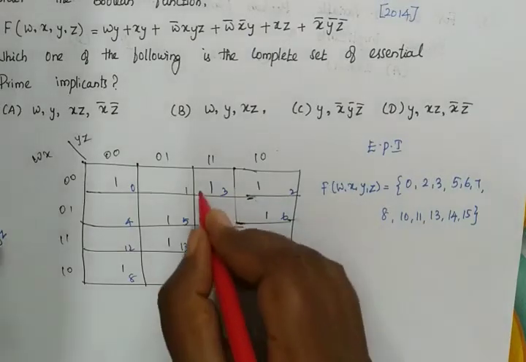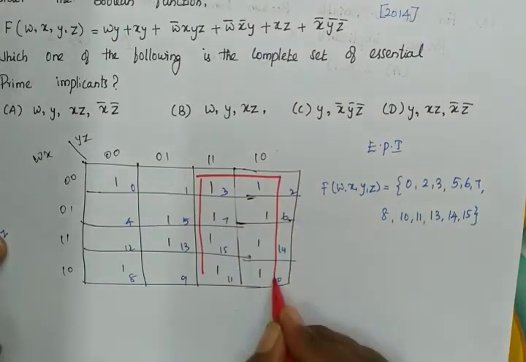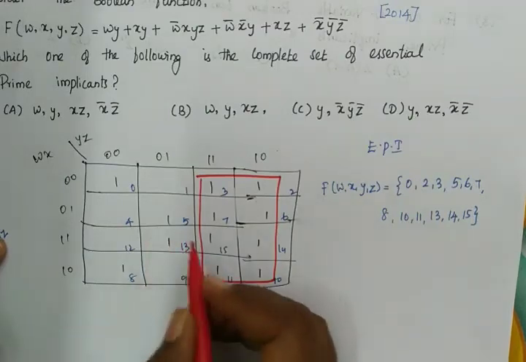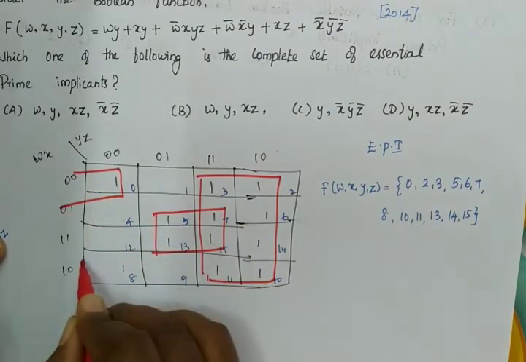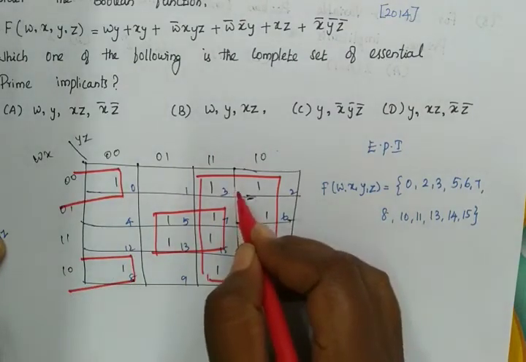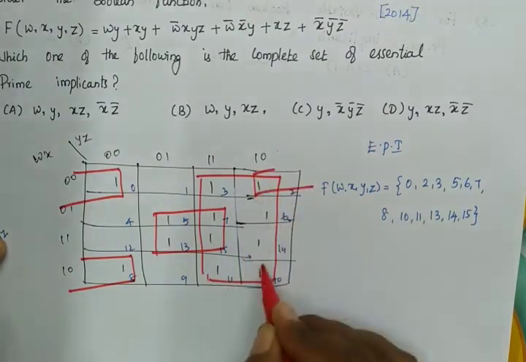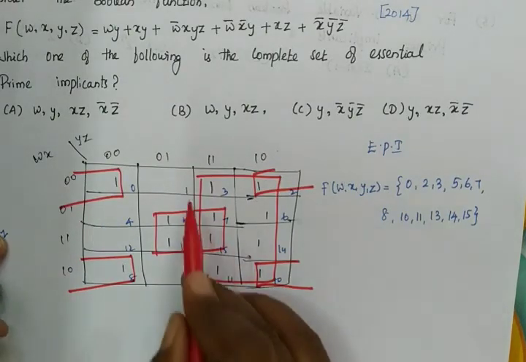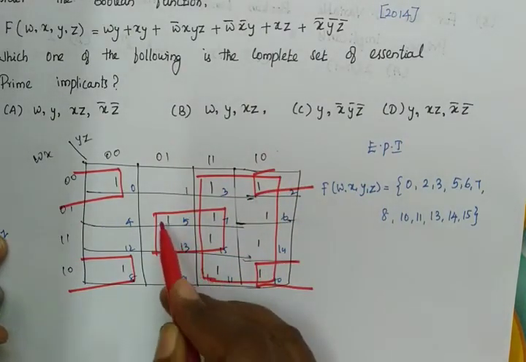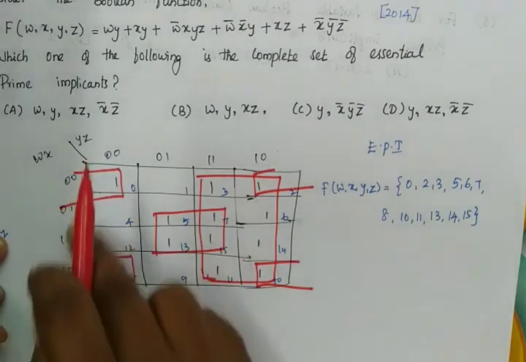This will be one group, here we will have another group, and we can group the 4 corners. So these are an octet, a quad here, and the 4 corners.